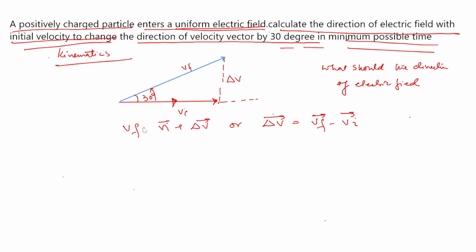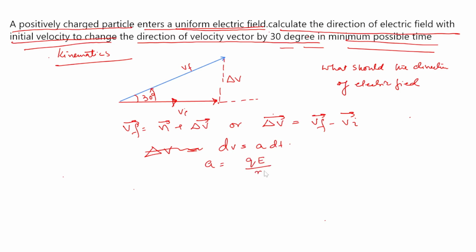Now, what is this delta V? We know that a small change dV is A dT. Here, A is QE divided by M, where Q is the charge and E is the electric field strength.